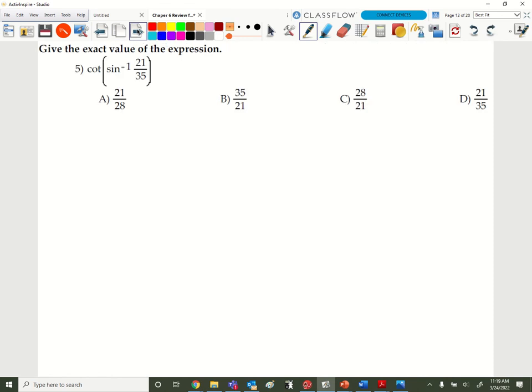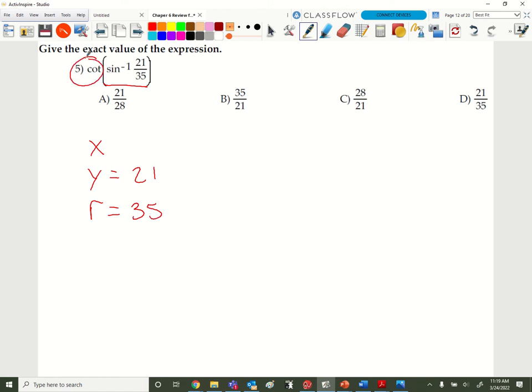Give the exact value of the expression. All right, so exact value, that's good. You can plug this in the calculator and see what you get. But I'm going to do the real way. So we start with the inside, and we know sine is y over r. So my y value is 21, my r value is 35, and I'm looking for the cotangent.